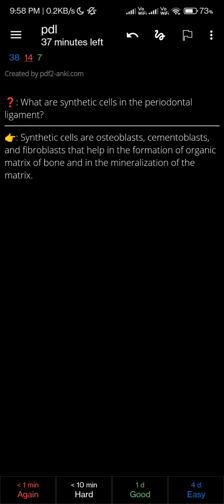They help in the production of the organic matrix and mineralization of the matrix.